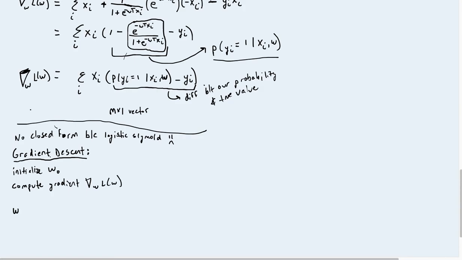And then you take your old w and you subtract some multiple times the gradient. What that does is basically go in the opposite direction. It takes your parameter vector w in the opposite direction of the gradient with the goal that hopefully you'll minimize the loss function.